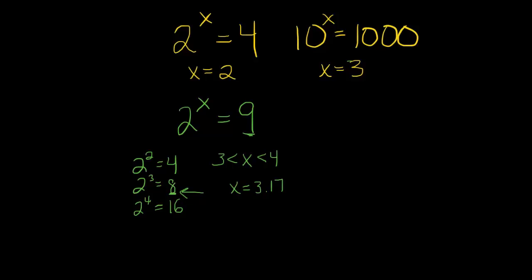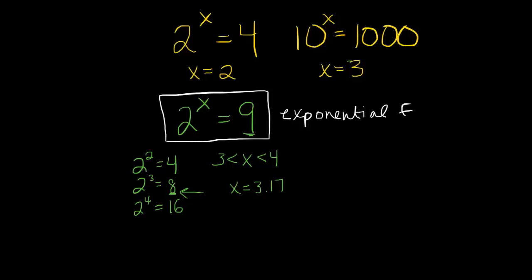So we knew that it was between 3 and 4. I'm going to write exactly what it is, and I'm going to use a logarithm to do that. So I'm going to take this question, which is in exponential form, and I'm going to change it to log form.